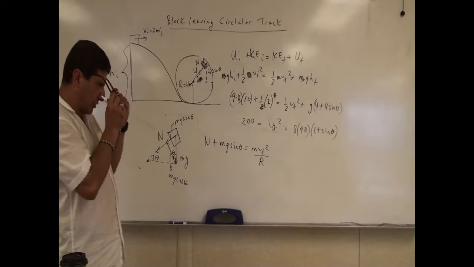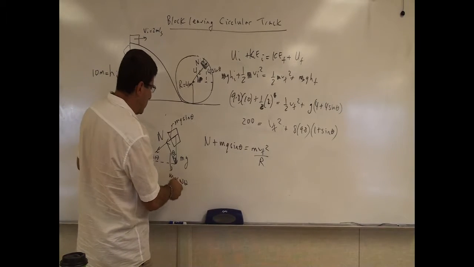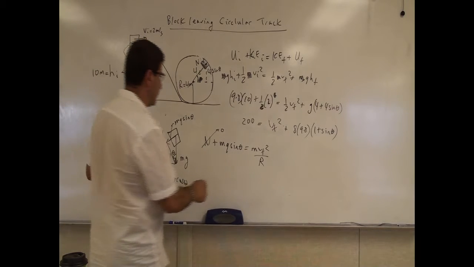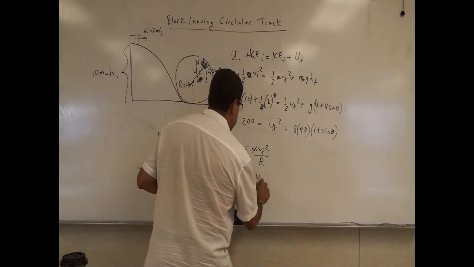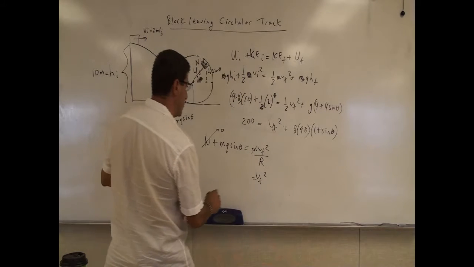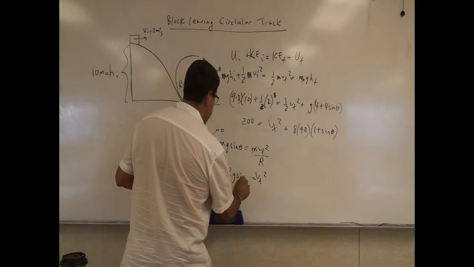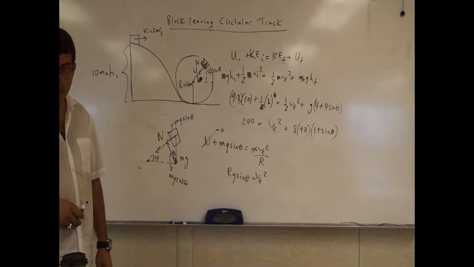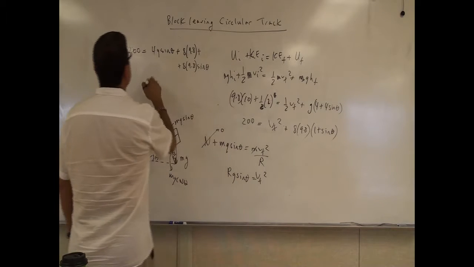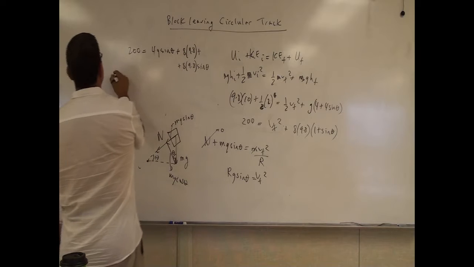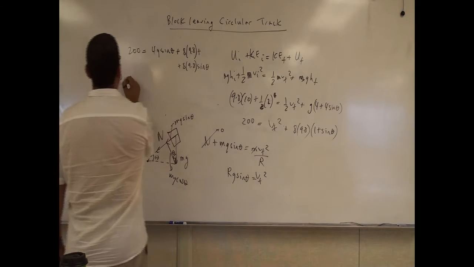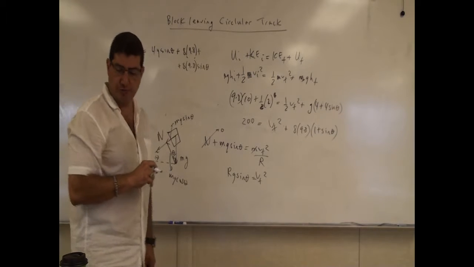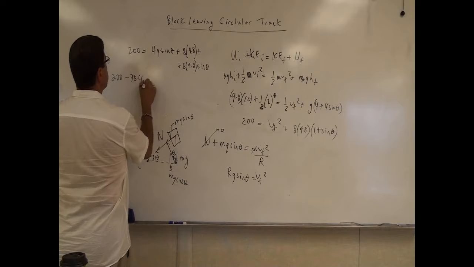So let's see what's going to happen. If I put the normal force equal to 0, what am I going to get? The m cancels, and v final squared is going to equal r g sine theta. Now we can put that in and see if we get an answer. Here we're going to get 200 minus, and 8 times 9.8 goes to the other side. 8 times 9.8 is 78.4.